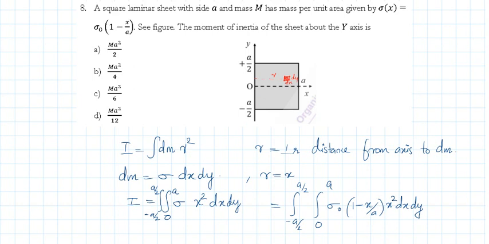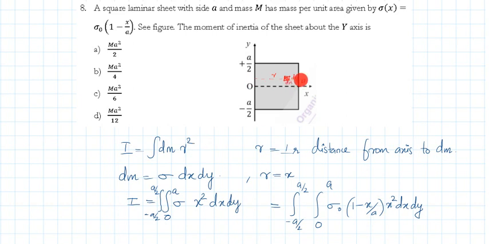For any point mass m, the moment of inertia about an axis is defined as m into perpendicular distance square from the axis. So here you can imagine the square lamina to be divided into a lot of point masses. One such point mass is this one, dm, and perpendicular distance is r. So its moment of inertia is dm r square.